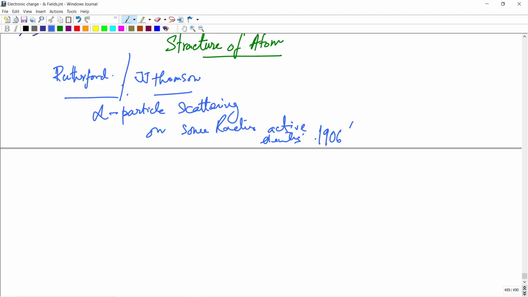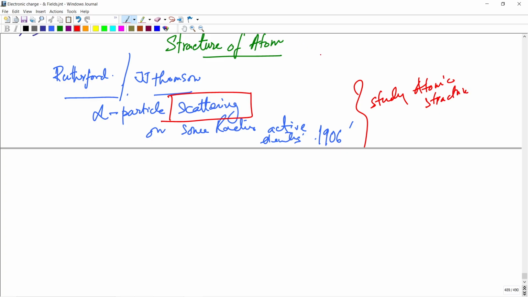So in this classical experiment, they experimented on the scattering of alpha particles to study atomic structure. In the early 1900s, quantum mechanics was being born, a new mechanics.